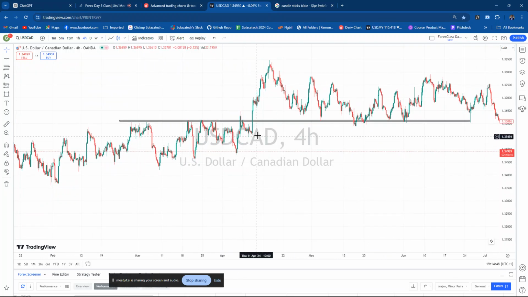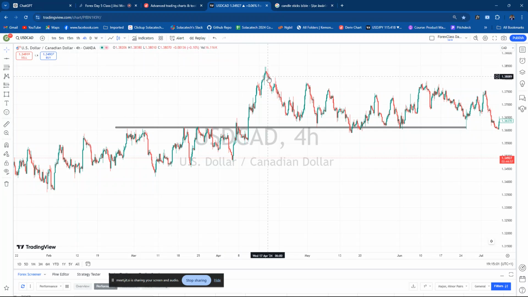What this actually means is every activity that is happening here is the activity between buyers and sellers. There were so many buyers in the market that they broke through this level. Now the buyers are content with what they have. They have withdrawn their money, and nobody is investing in this pair again, so the market is now sinking back.